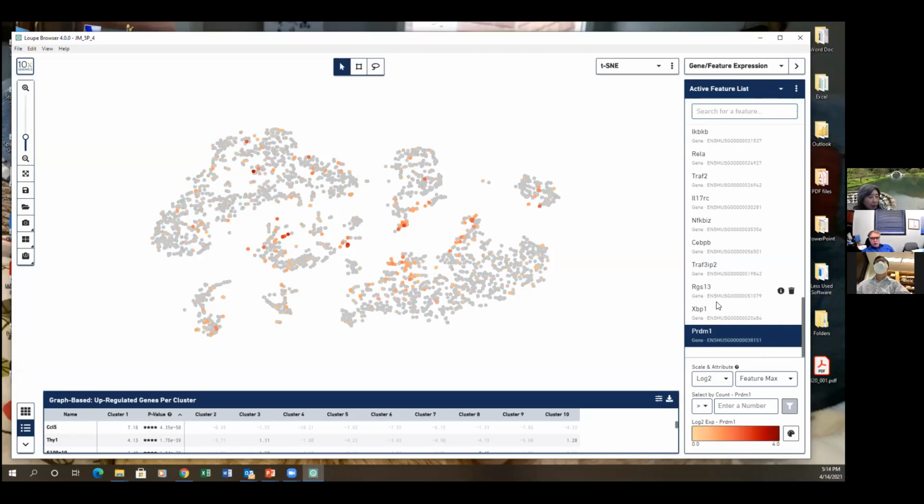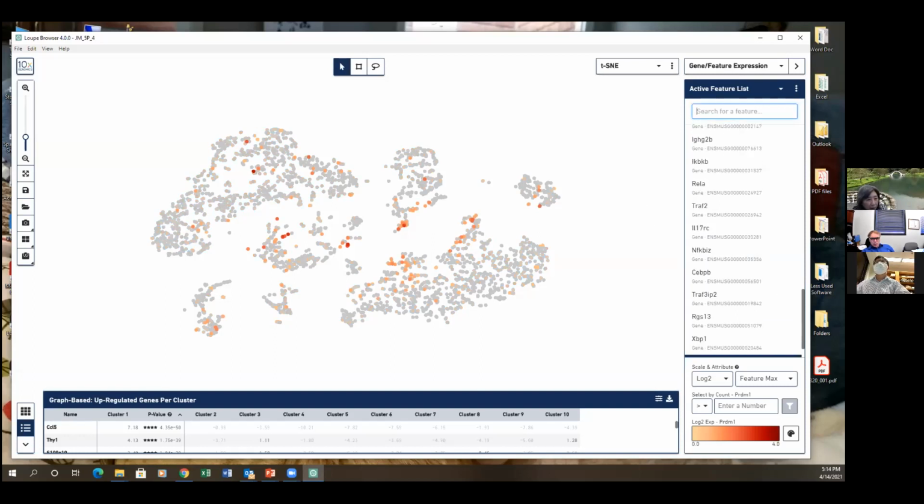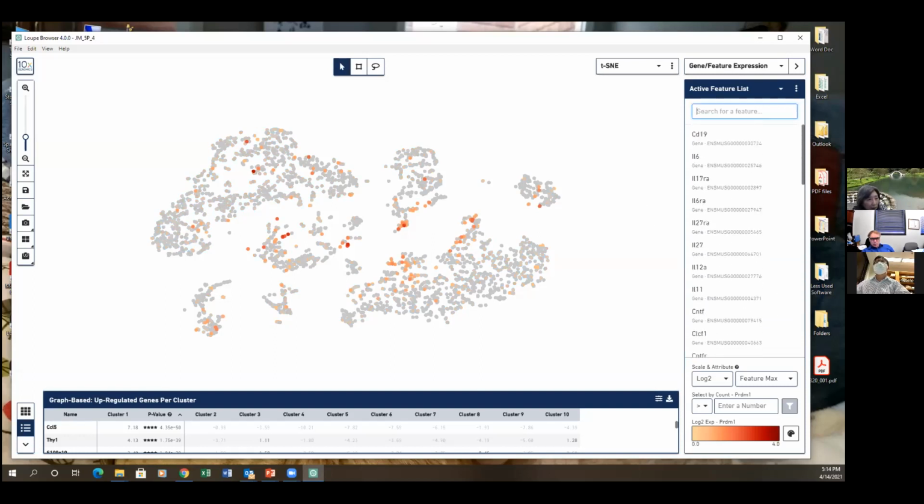Can you do IL-6R? We did it already, but let me. IL-6R is here. So it's not consistent with the other genes.